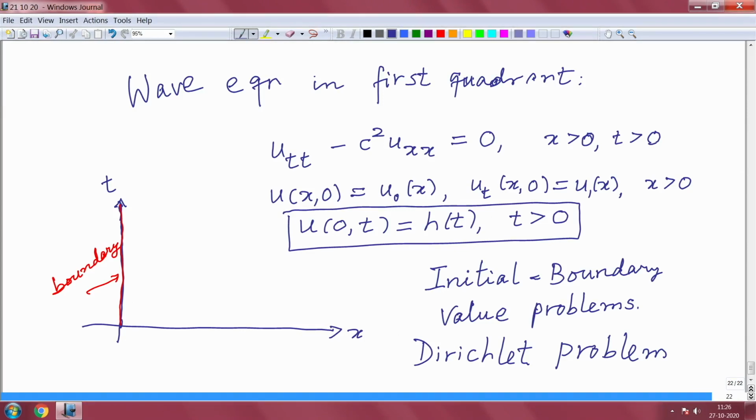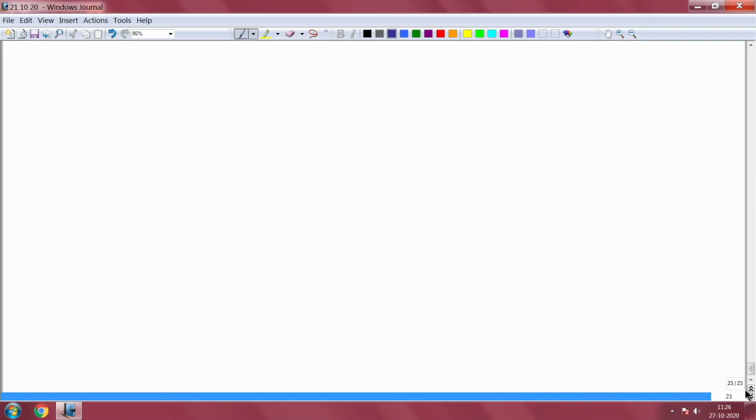Since most of the work is already done in the case of the wave equation on the entire real line, namely D'Alembert's formula and other things, here it is much easier, as we shall see. So, the solution formula, and let us see how the boundary condition influences the formula.